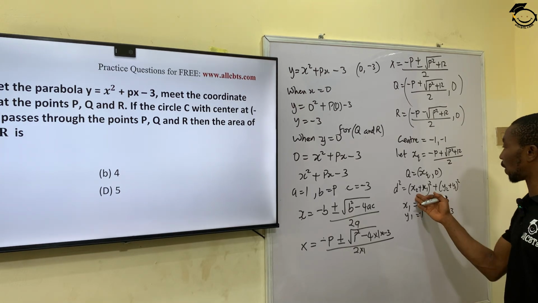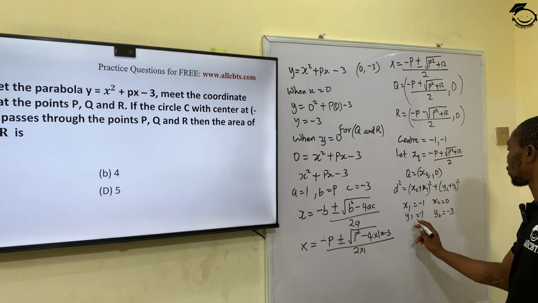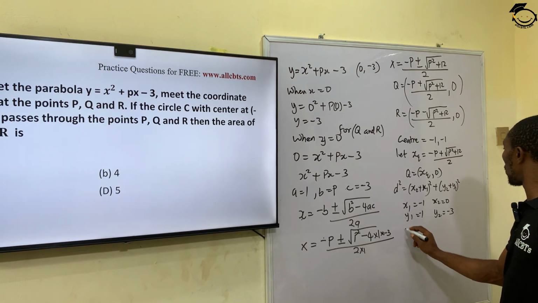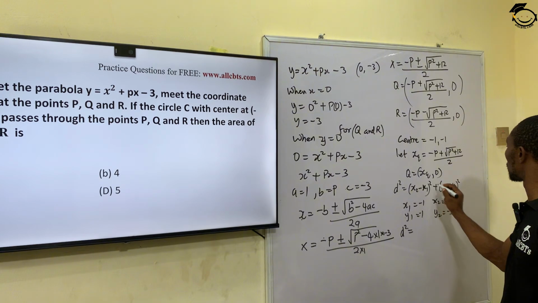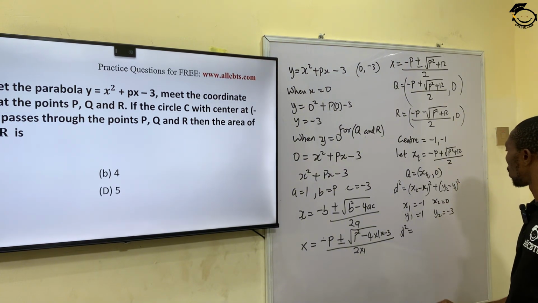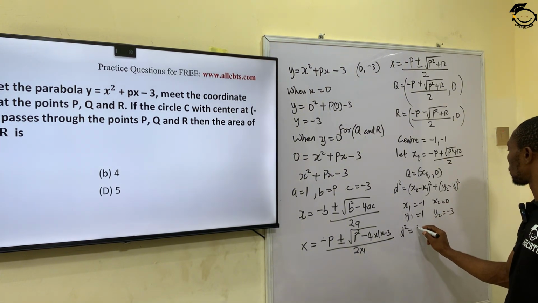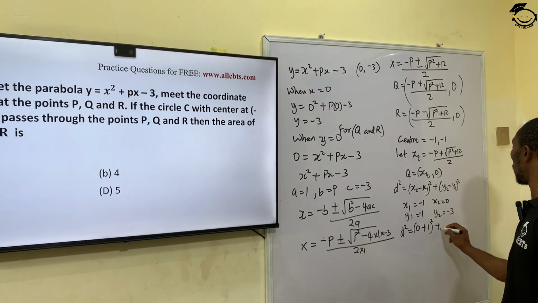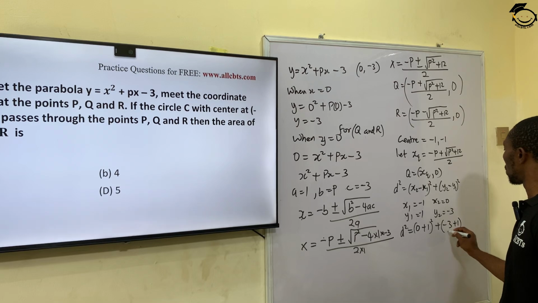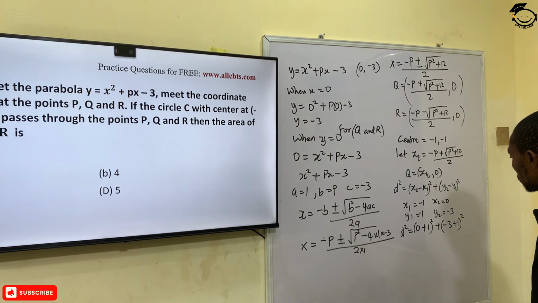Now substituting these values here, we have d squared equals 0 plus 1 all squared plus minus 3 plus 1 all squared.